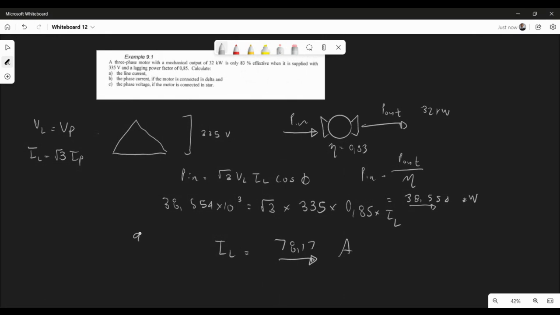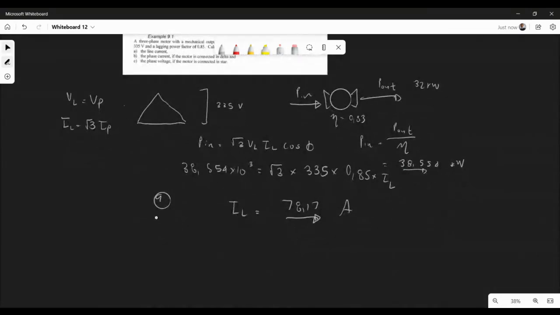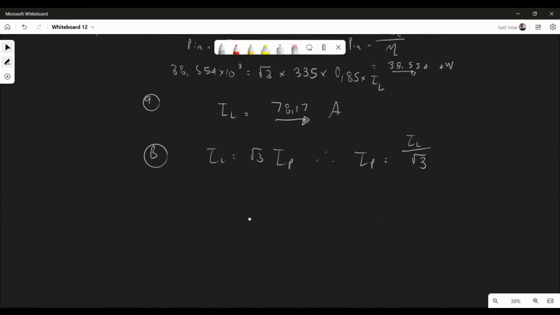So at part B, they want the phase current, and for a delta configured system, I line equals √3 times I phase. Therefore, I phase will be equal to I line divided by √3. This will become super easy for you after some time. So let's quickly get it: 78.17 divided by √3.